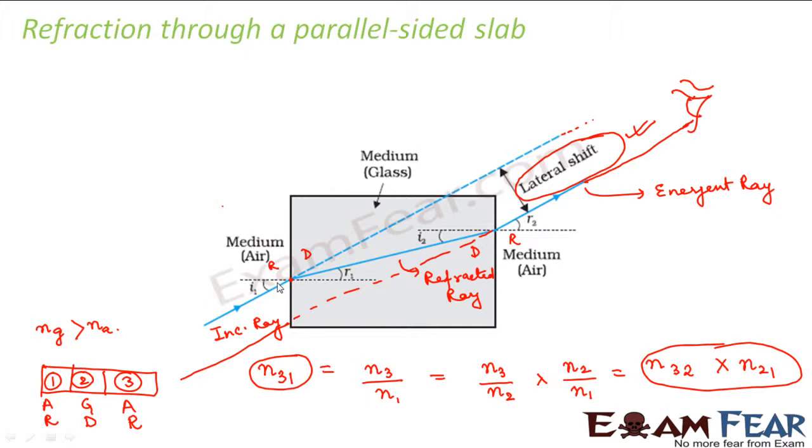So we will see the object in that path. That means if a ball was lying at this position, when we see it, we will see it here. That shift will always take place due to the phenomenon of refraction. And because of this lateral shift in the position of an object, we often do not see the actual position of an object in case of refraction.